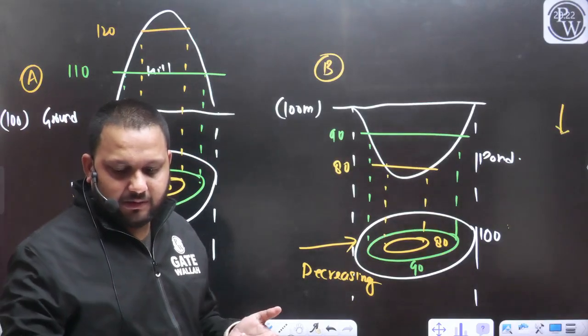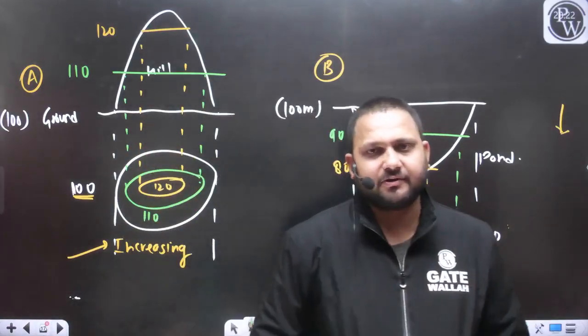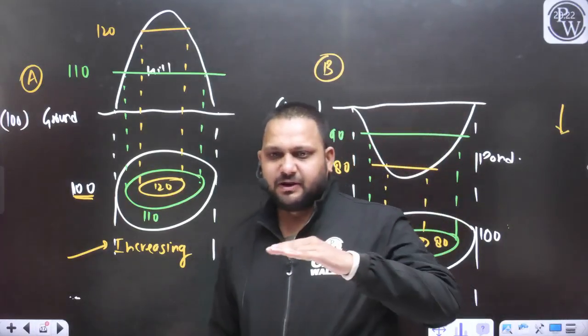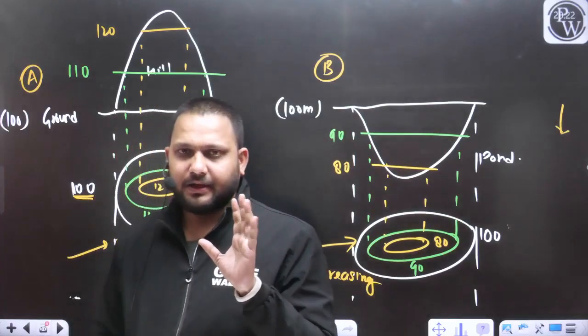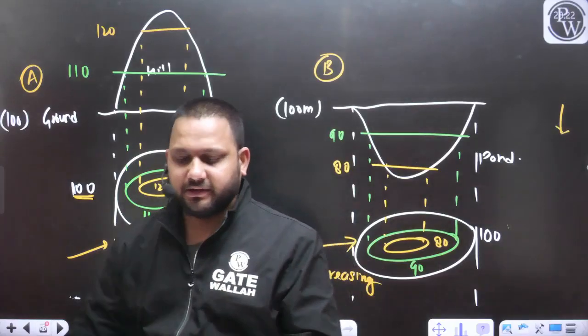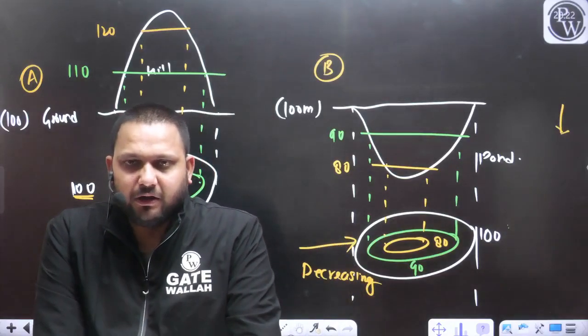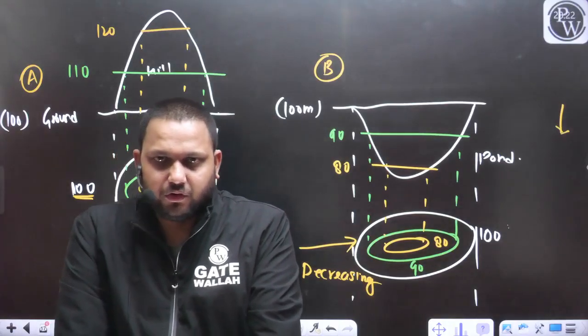We can locate infinite contours from a reference. I think there is no problem till now, yes or no?